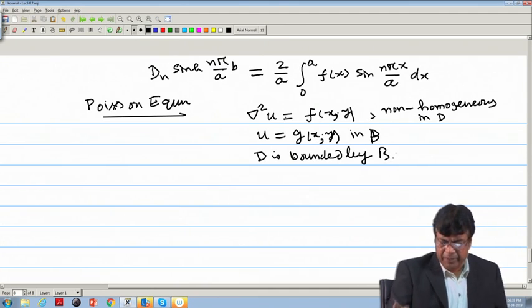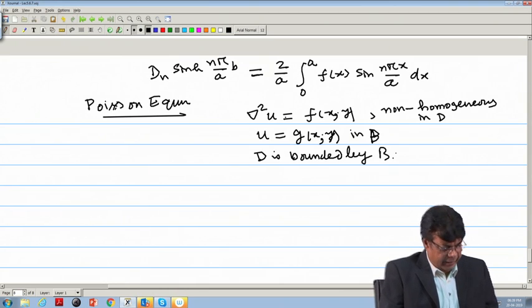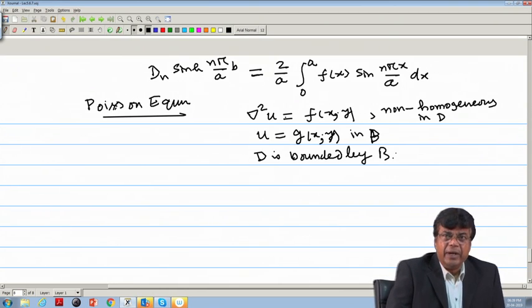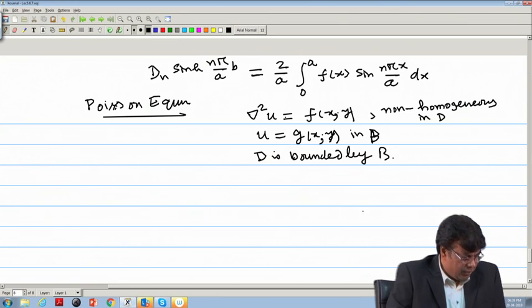So, as in the previous case we discussed, what we required is that the boundary condition for one variable must be homogeneous. Now, if we want to apply the previous case, we have to do some trick.